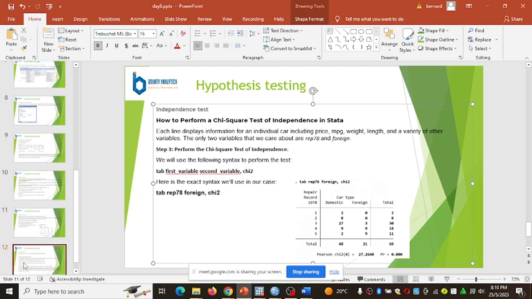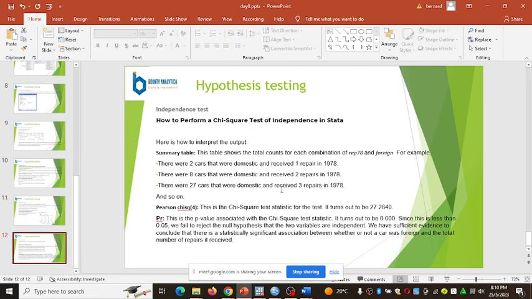So these are the interpretations. The p-value that is associated with the chi-square test turns out to be 0. Since this is less than 0.05, we reject the null hypothesis that the two variables are independent.